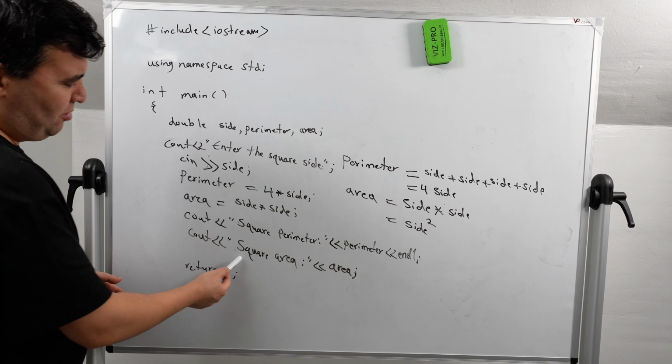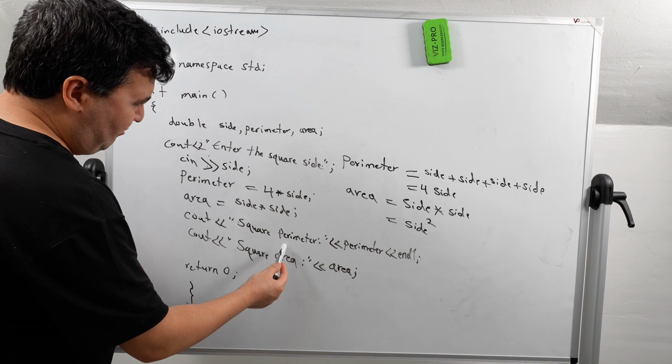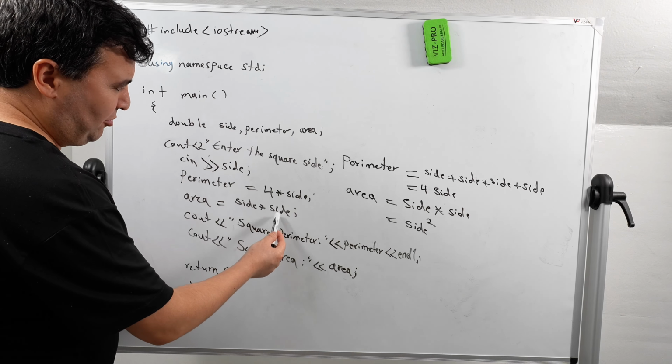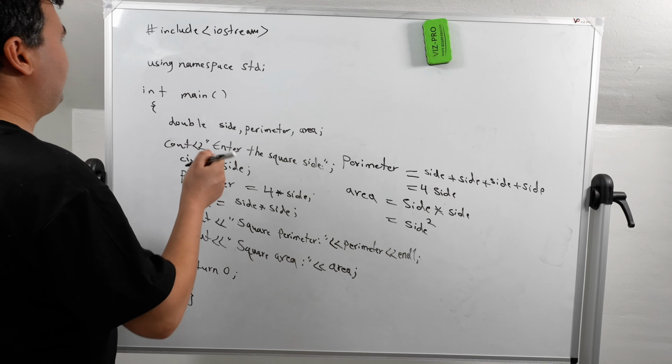So you can use #include if you want to. Here we have side multiply side, or side squared. So we can use the mathematics function in C++ if you want.